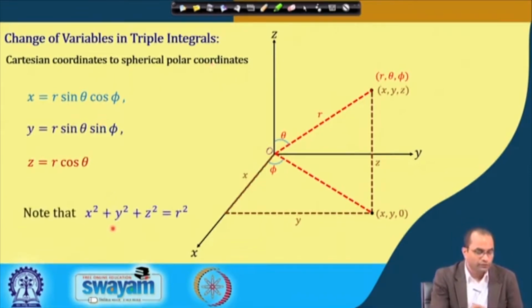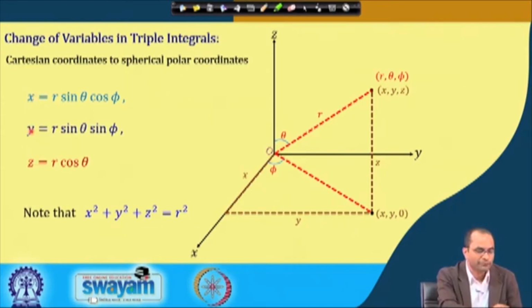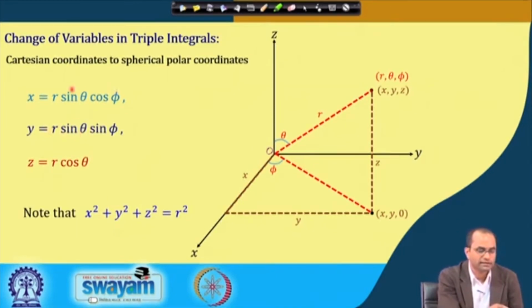And now, we note that if we take the squares of x, y and z, this term will be r square sin square theta cos square phi. Here also we will have r square sin square theta common, and then sin square phi.